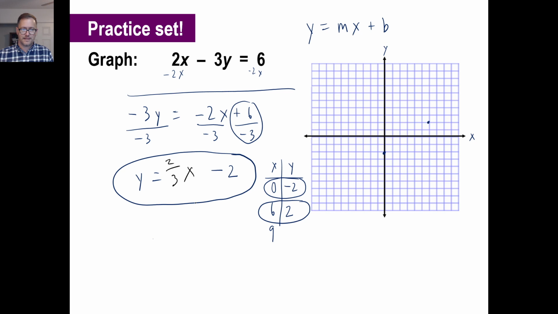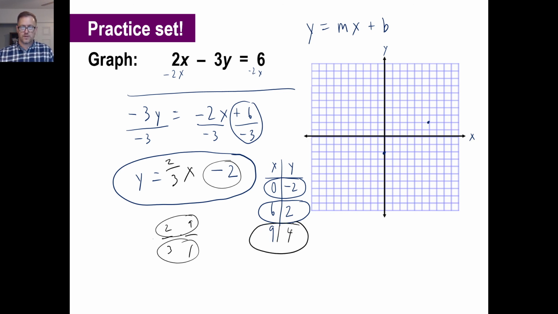I had 9 kids. Okay, that's correct. So if you had 9 kids, 2/3 times 9 is 18 divided by 3, which is 6, but you'd subtract 2, so 6 minus 2 is 4. So if you had 9 kids show up, you'd make $4.